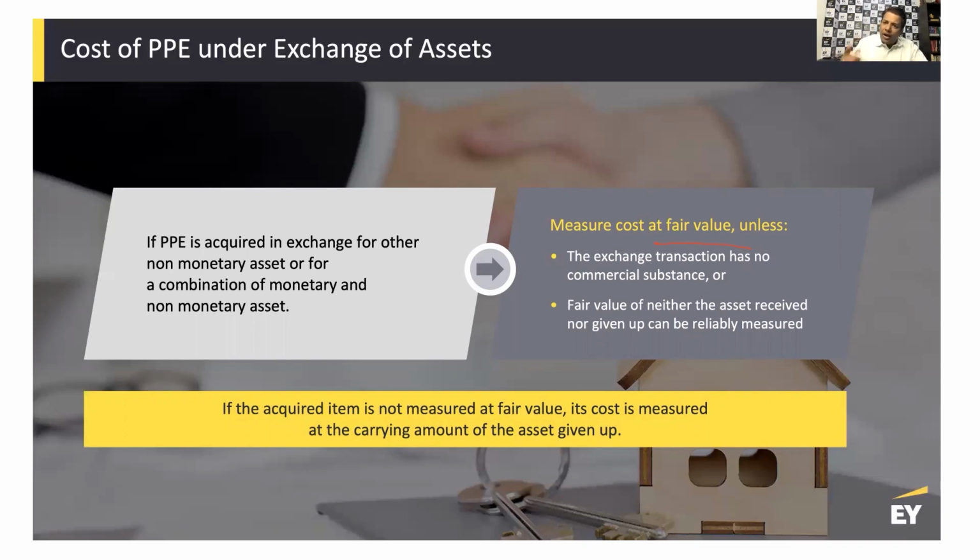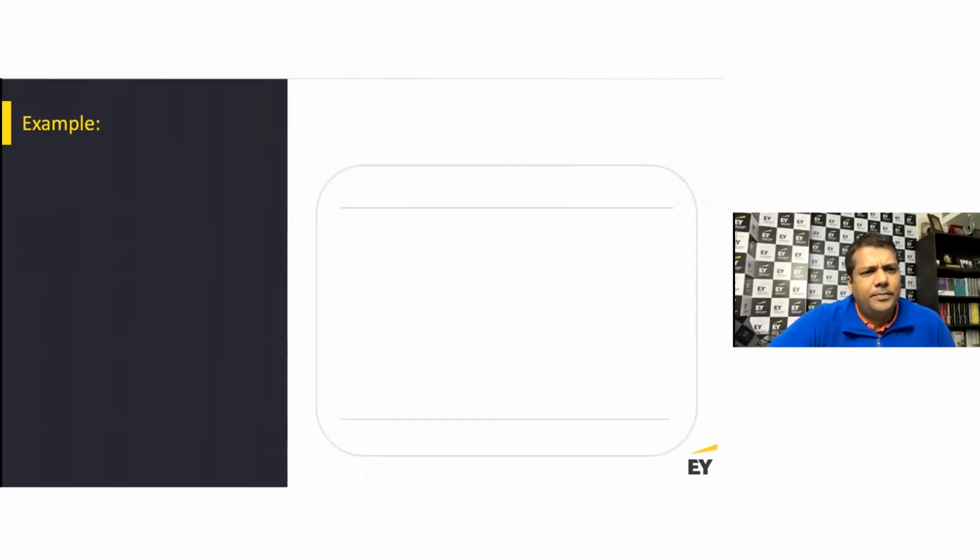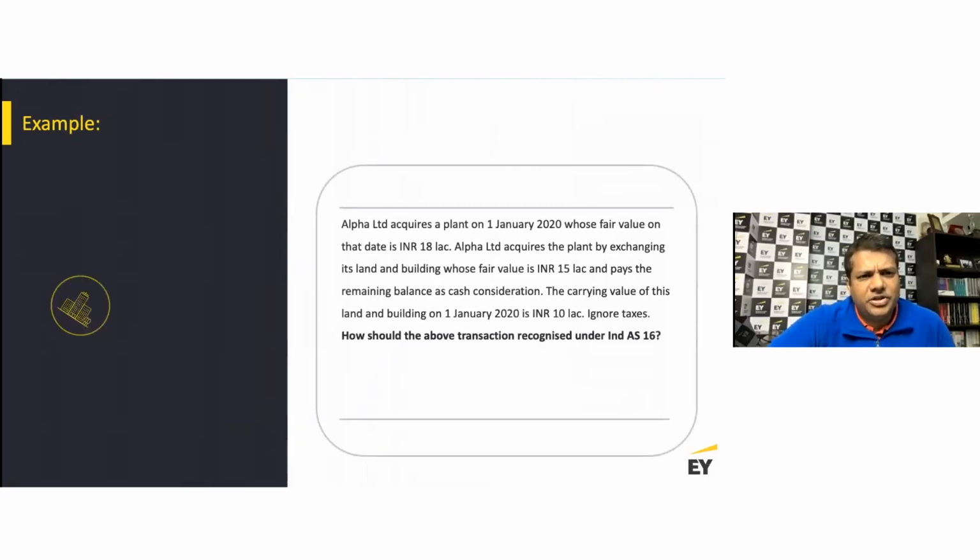But if the acquired item is not measured at fair value, its cost is measured at the carrying value of the asset given up. If you can't determine the fair value, you simply replace it with the asset which you have given up. Let's look at an example on the concept we just talked about.